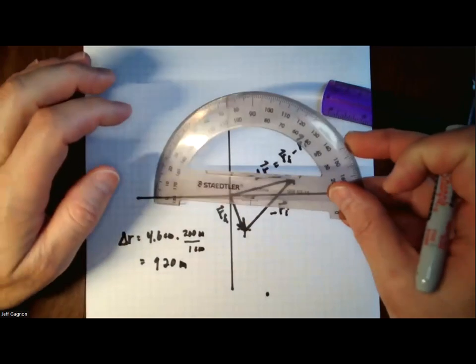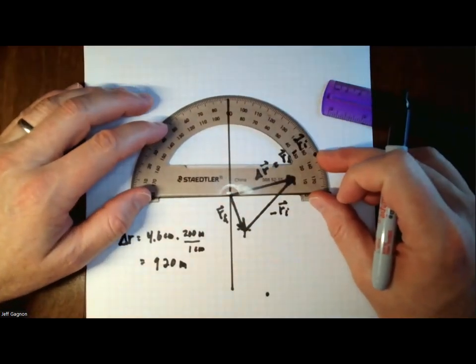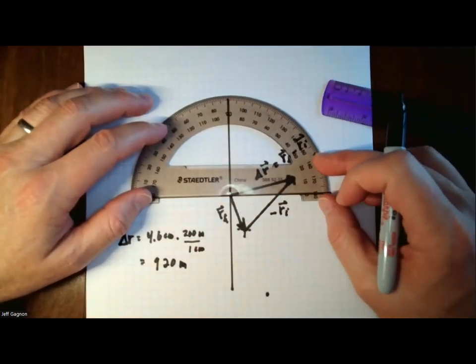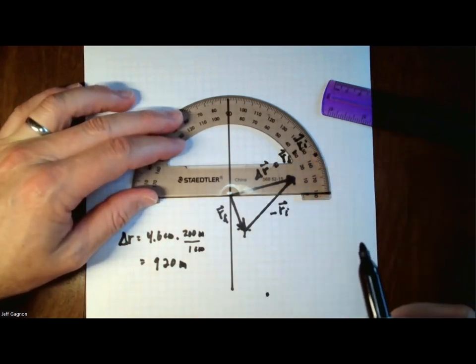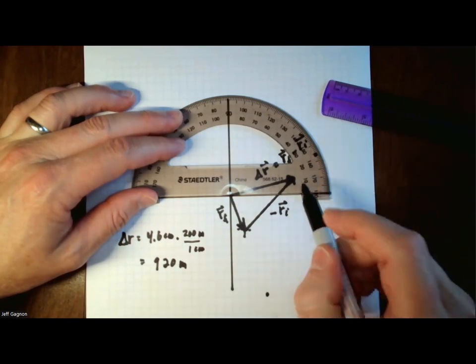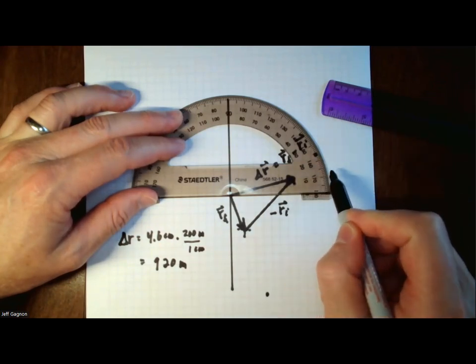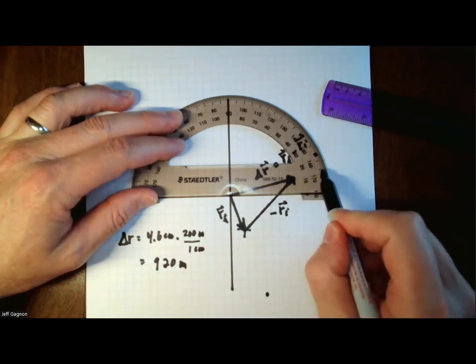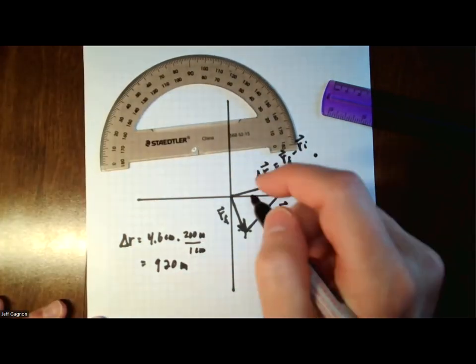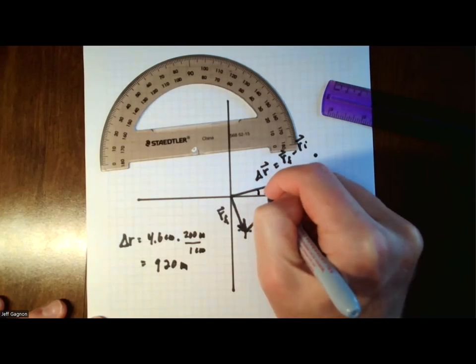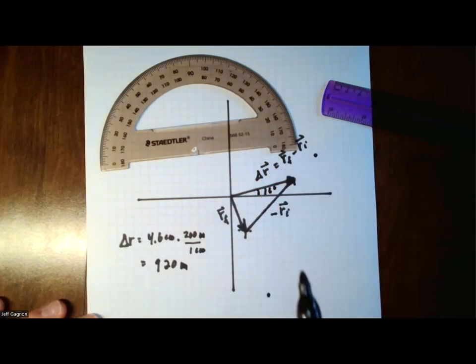And then to get the angle, I just simply measure it with a protractor. Again, it's kind of difficult here because I'm using such thick lines with the marker, but if you extend this, it should be around 16, maybe 15, but I'll put 16. So this angle here is 16 degrees.